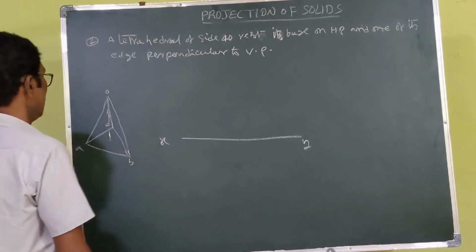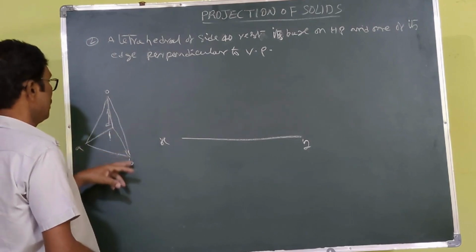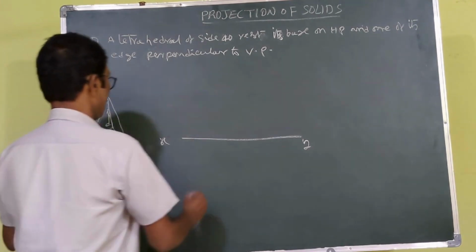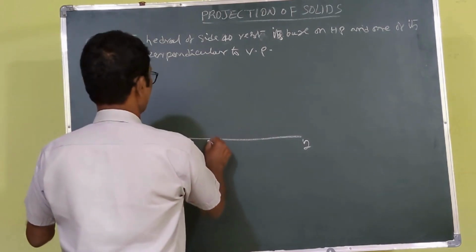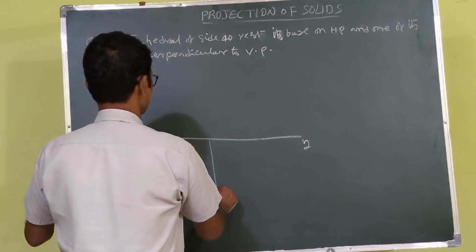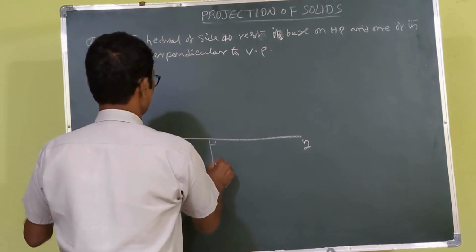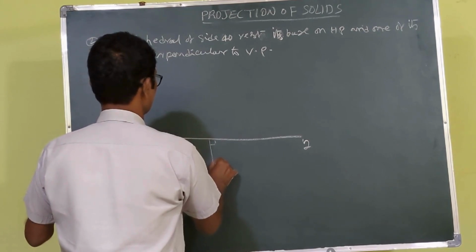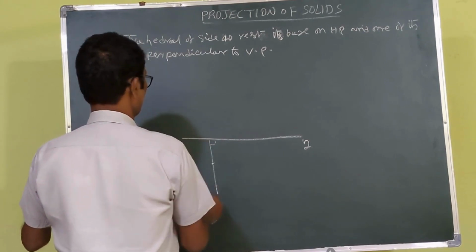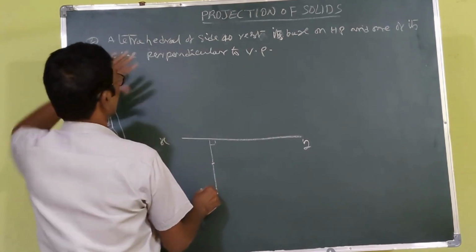One edge of the tetrahedron base is perpendicular to VP. So from here, you draw a vertical line perpendicular to XY, where you can locate this point 1. From here, you cut it to 40.